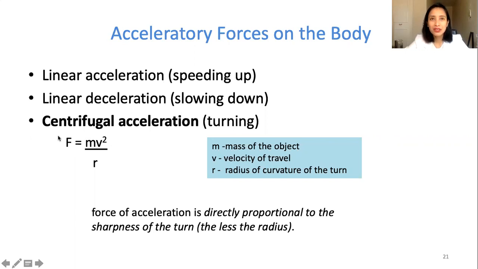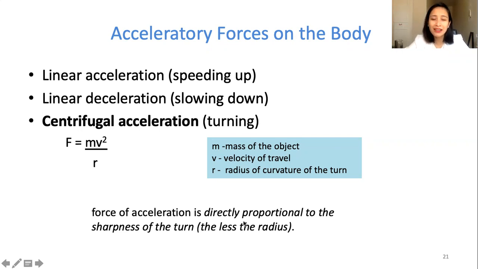So if the turn is not so sharp, then the force is not so great. If the turn is sharp, the radius is small, the force is greater, no? And conversely, the force of acceleration is directly proportional to the sharpness of the turn and inversely proportional to the radius.